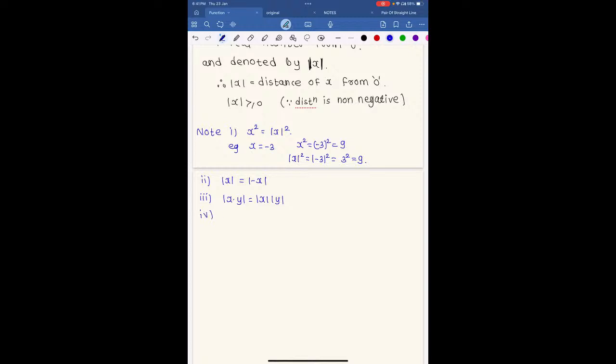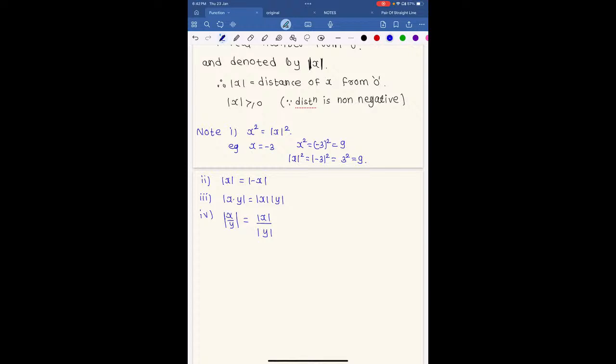And fourth property: mod of x upon y we can write as mod of x upon mod of y. So these are some basic properties of modulus: x square is equal to mod of x square, mod of x and mod of minus x are same, mod of x into y is mod of x into mod of y, and mod of x upon y is mod of x upon mod of y.